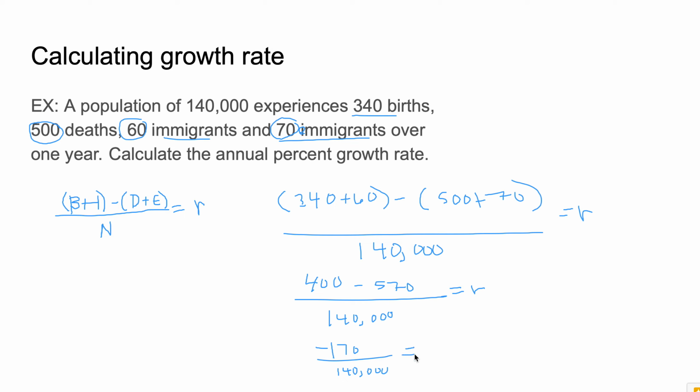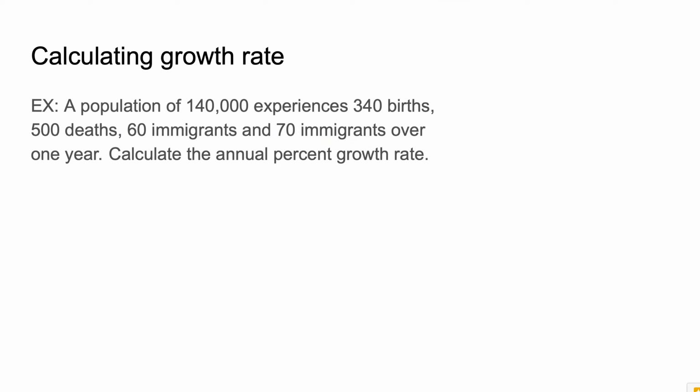And that is negative 0.0012. So we're going to be decreasing by 0.0012. That's our annual percentage growth rate. It's actually decreasing in rate. All right, cool. Let's keep going.